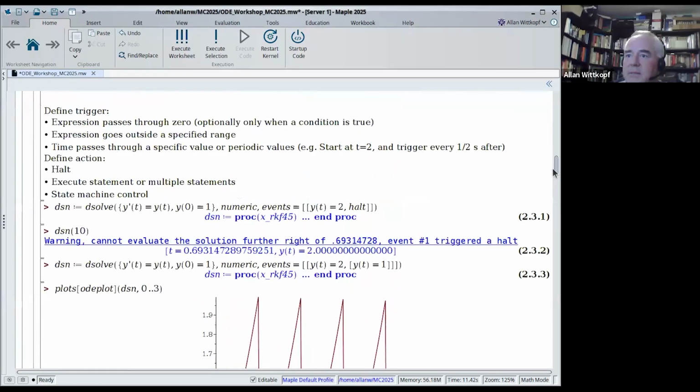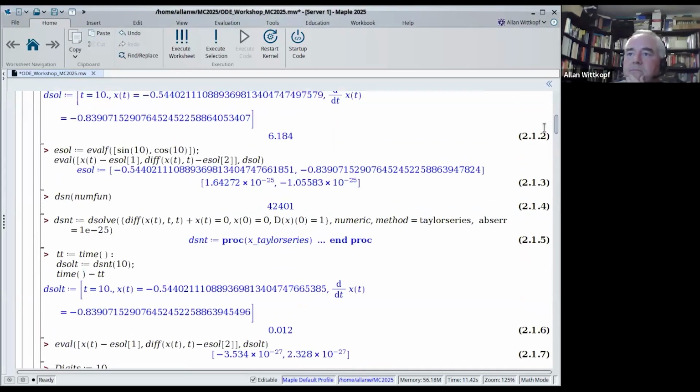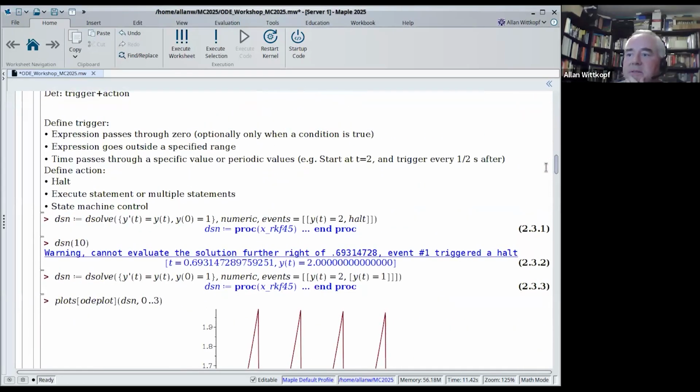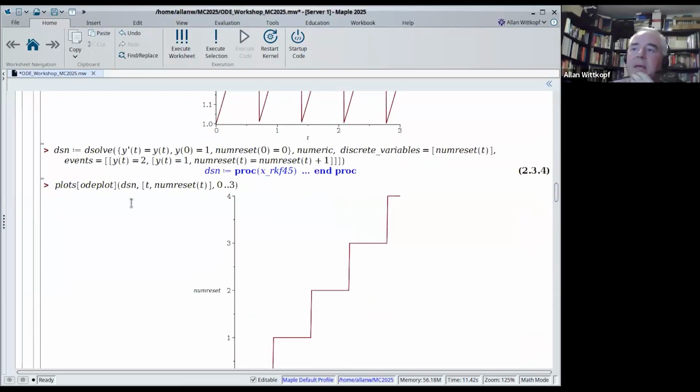So where was that example? Where's my discrete? Oh, that would be in events. Right. Okay, so what we're going to do is add in f of t here, and we're going to declare it. We're going to set an initial value.